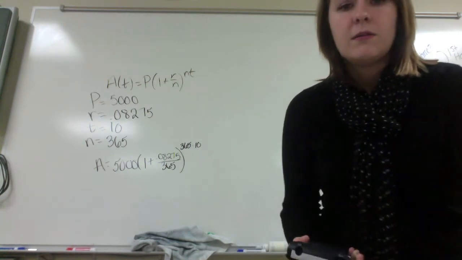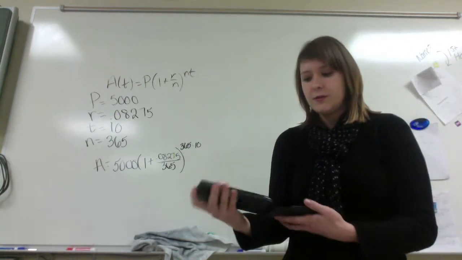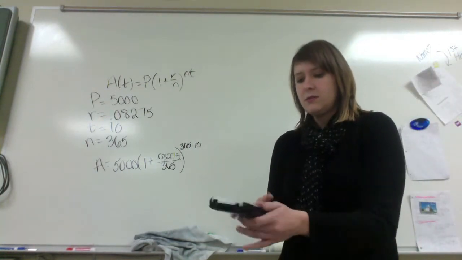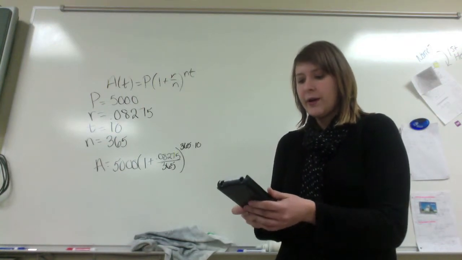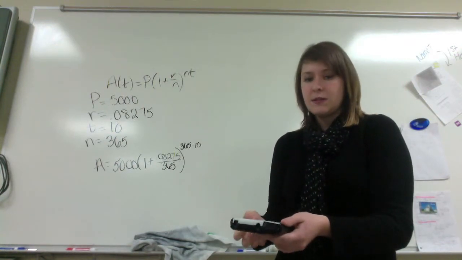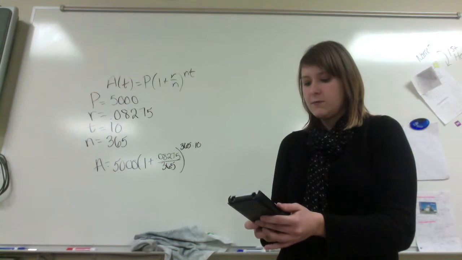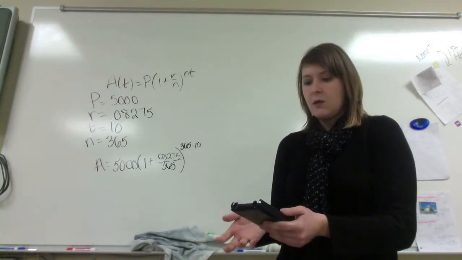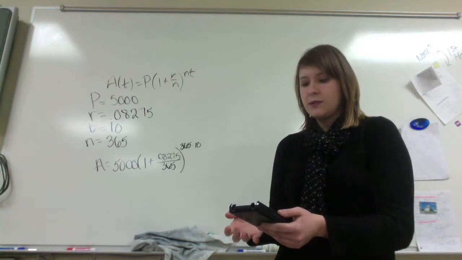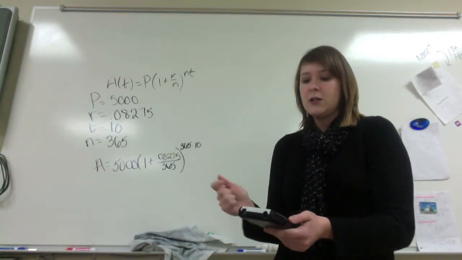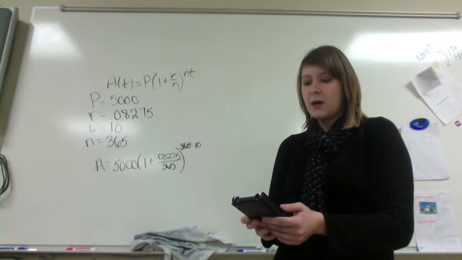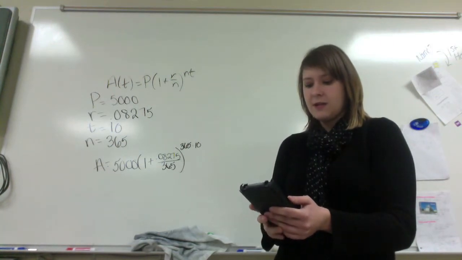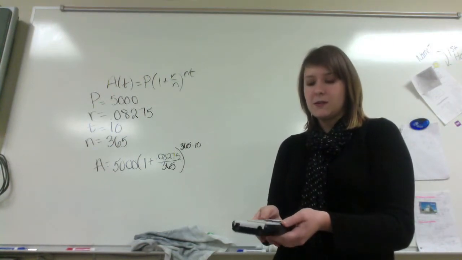So I've got my calculator right here, and I'm going to start with the stuff in parentheses. I'm going to say 1 plus, in parentheses, 0.08275 divided by 365. Okay, and I get 1.000226712. You're going to take that answer to the 365 times 10 power. Make sure that's in parentheses also.